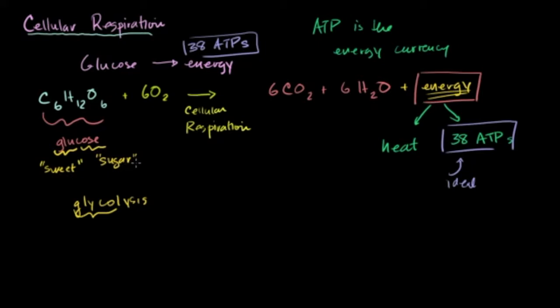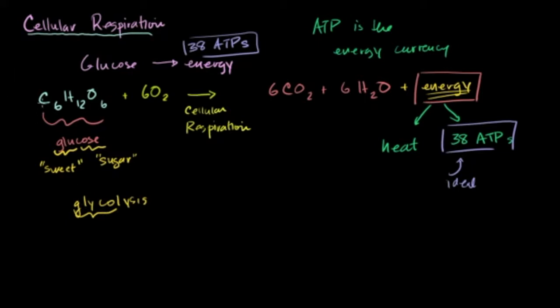For example, lactose. Milk might be a little bit, but when you actually digest lactose, then you can turn it into an actual sweet sugar, but it doesn't taste sweet like glucose or fructose or sucrose would. But anyway, an aside. The first step of cellular respiration is glycolysis, breaking up of glucose.